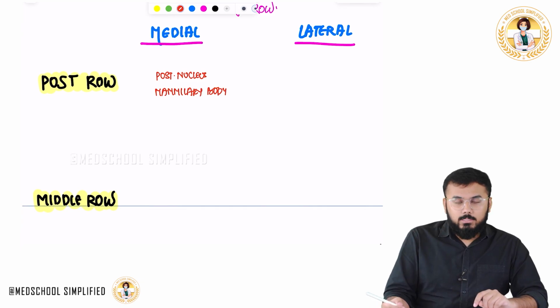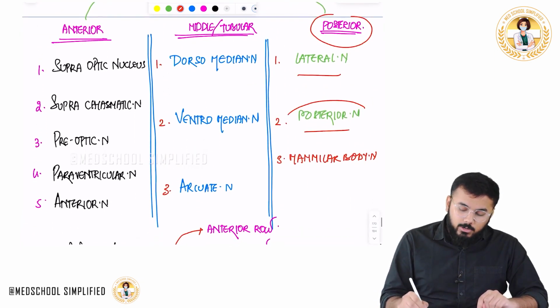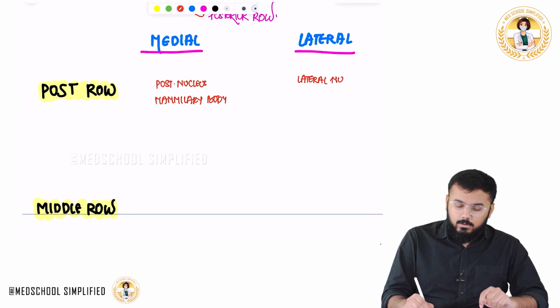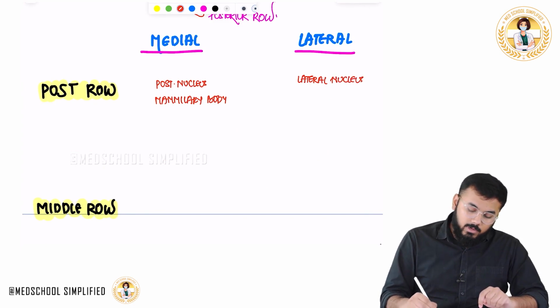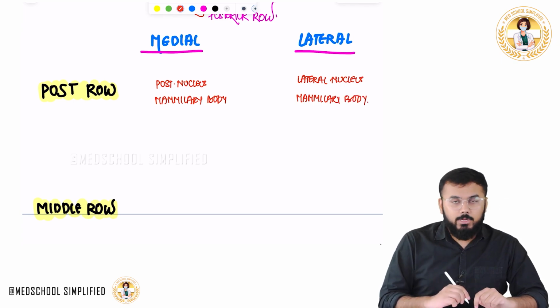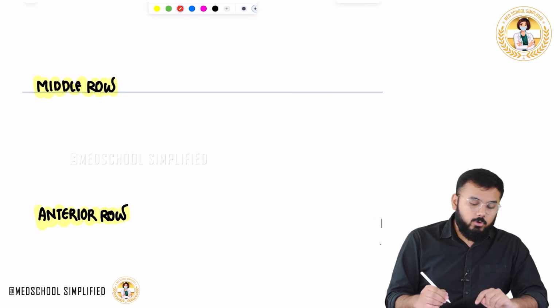Now when it comes to the lateral side, do we have posterior? No, we have the lateral nuclei. On the lateral side we have the lateral nucleus. We even have the same mammillary body nucleus. Next, when it comes to the middle row, we have 2 important nuclei.